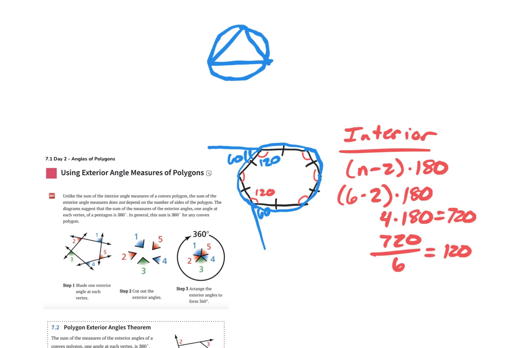All of the angles on the outside are going to form essentially a circle because you're going from one point and we're going all the way around and starting at the other point, okay? So no matter how big the figure is, 3 sides, 10 sides, 12 sides, whatever, the outside angles, the exterior angles will always add up to be 360, okay?